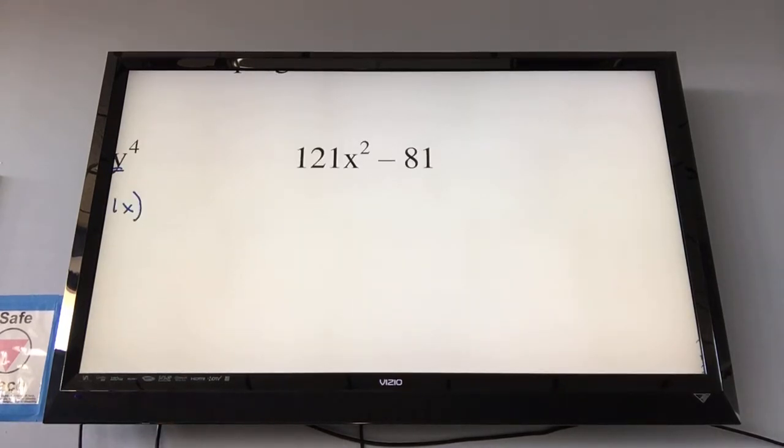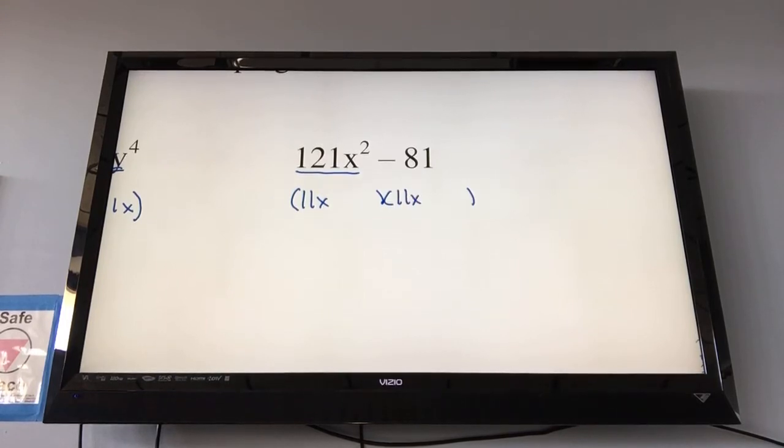All right, question 2. Is there a common factor to 121 and 81? No. So then how many terms do I have? I have 2 terms. 2 terms, remember, are those difference of squares most of the time. So 121x squared breaks to 11x and 11x.